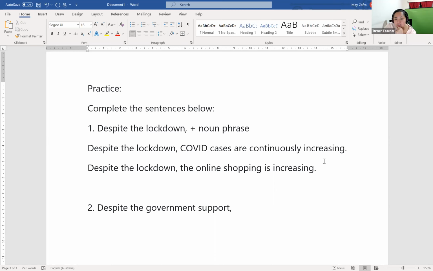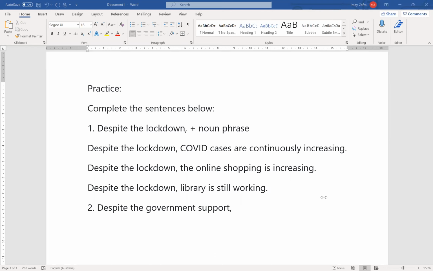Despite the lockdown, the library is still working. Yes, or open. The library is still open. Despite the lockdown, the cases are growing every day. Well done. Despite the lockdown, students were affected.